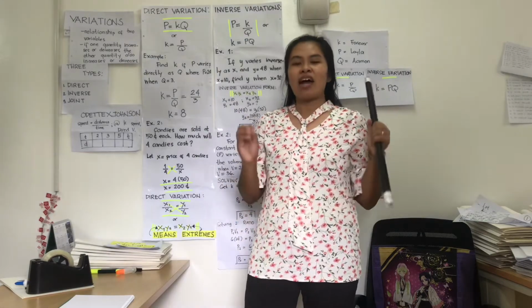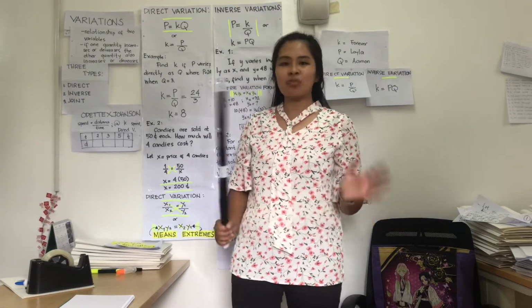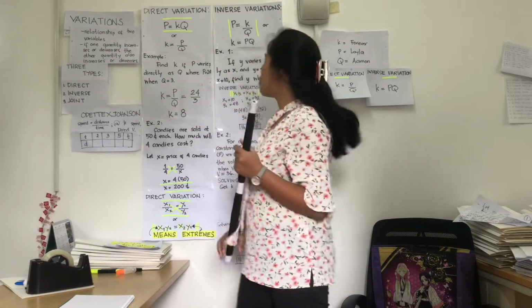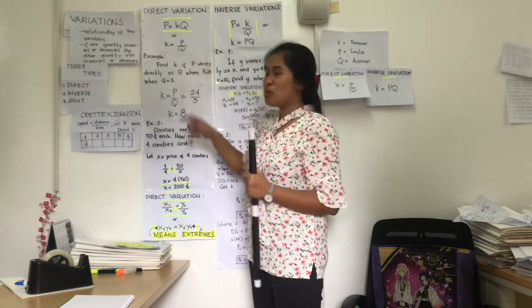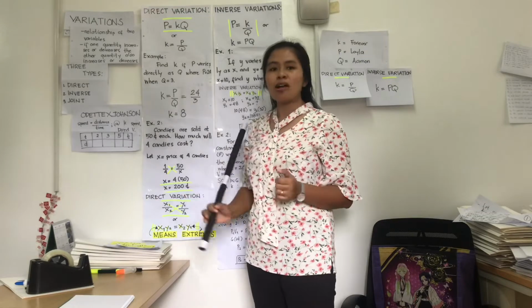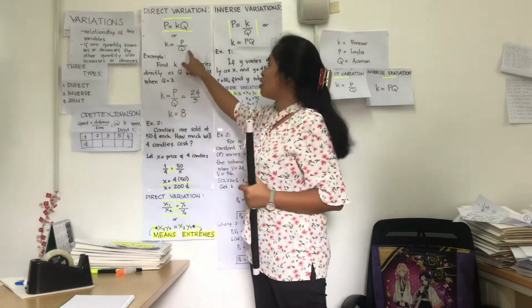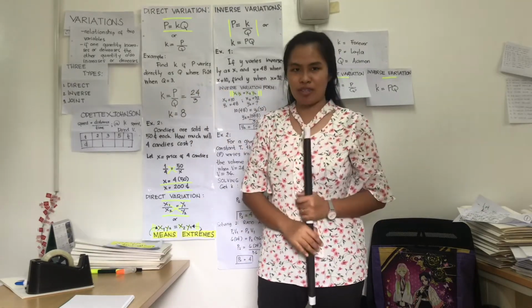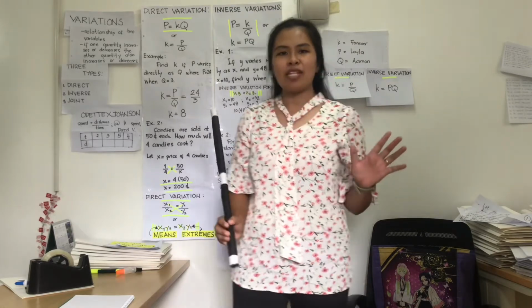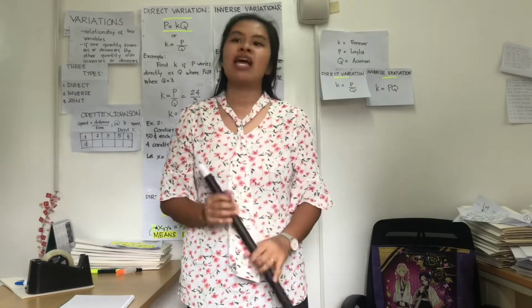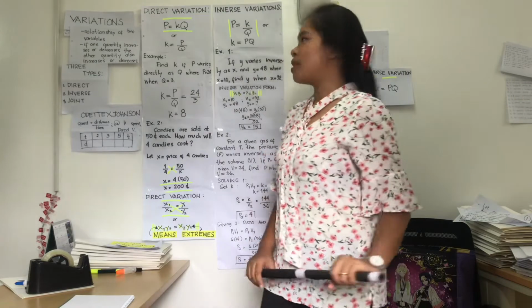A rational expression is an expression written in the form P over Q, where both P and Q are polynomials and Q is not equal to 0, right? Do you still have any questions regarding rational expressions? If none, then we'll move on to our next topic.